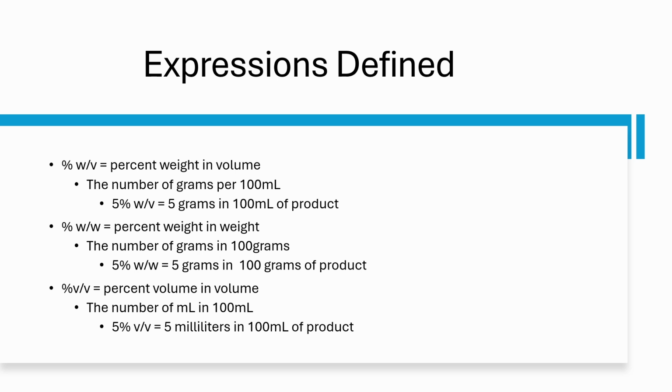The percent weight in weight is the number of grams in 100 grams. So 5% weight in weight means there's 5 grams of medication in 100 grams of product, and a percent volume in volume is the number of milliliters in 100 mLs. So a 5% volume in volume means there's 5 milliliters of medication in 100 milliliters of the product.